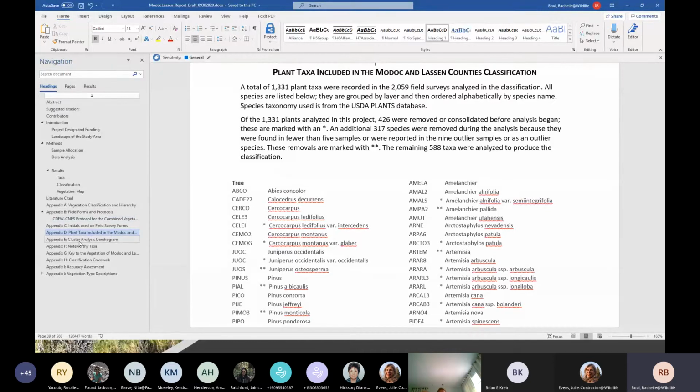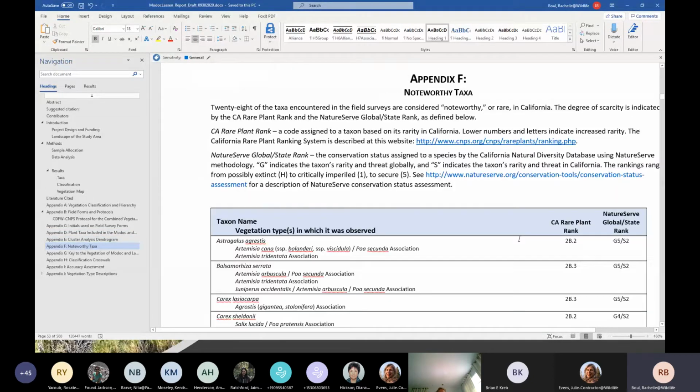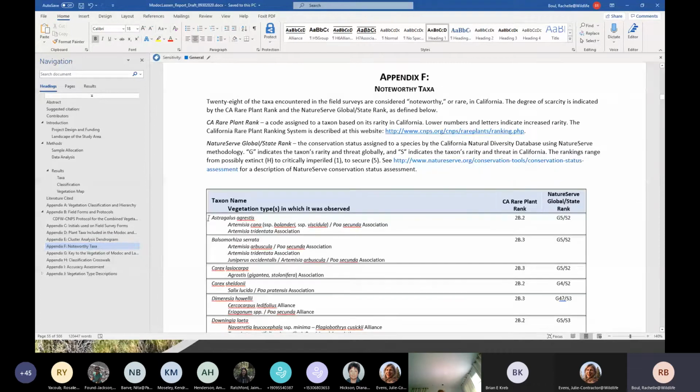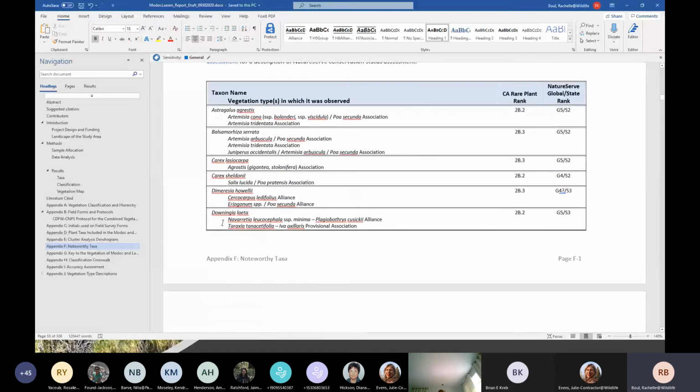An example of that cluster analysis, or the dendrogram that I briefly showed you guys. There's also this table that shows noteworthy or basically rare species that were found within the surveys sampled for this project and what vegetation type they were found in.